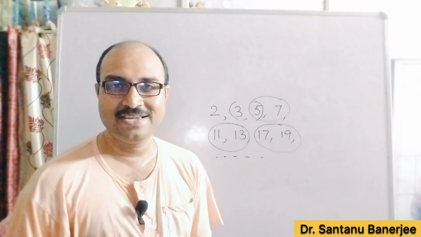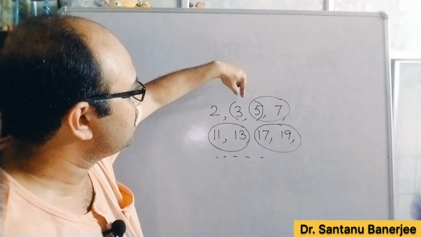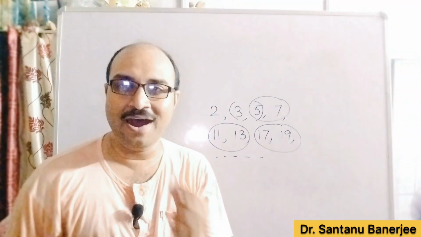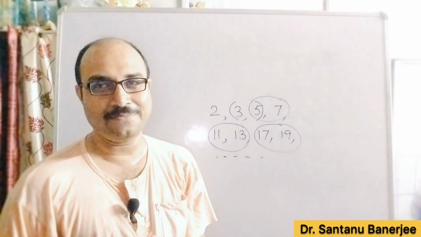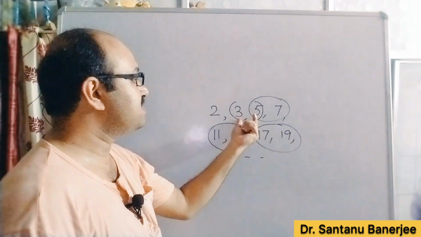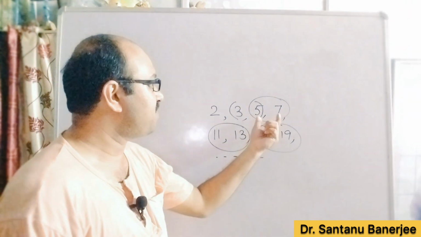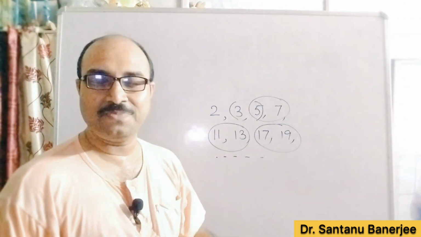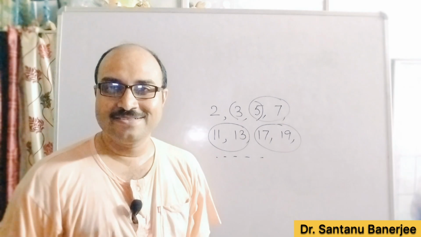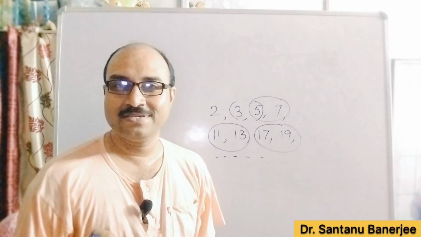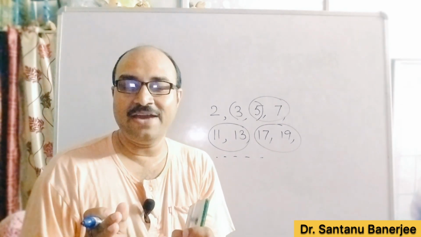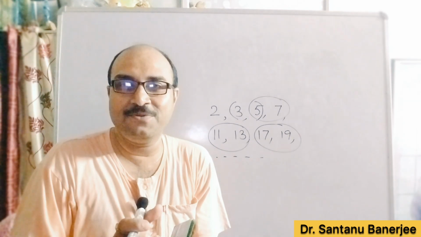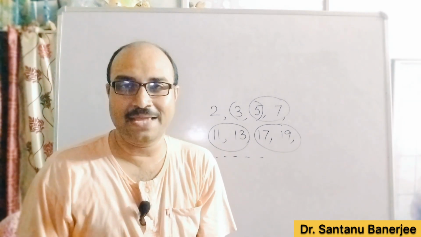Why are they very special? If you look at these primes, you only have one non-prime in between them. For example, 3 and 5, 4 is between them; 5 and 7, 6 is between them; 11 and 13, 12 is between them, and so on. These pairs of primes, where you have only one non-prime between them, are called twin primes.